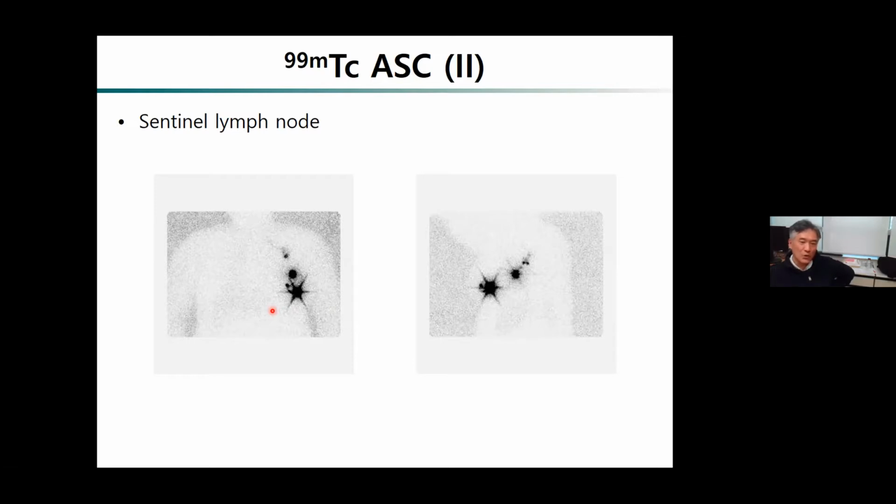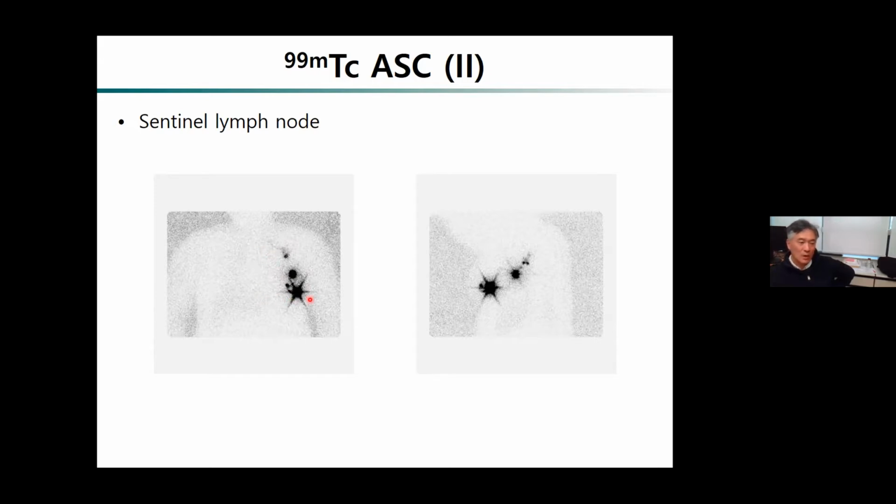So if you find the sentinel lymph node and dissect it, and then you see cancer cells in that lymph node under the microscope, then you can dissect all the lymphatic pathways and lymph nodes near the breast.